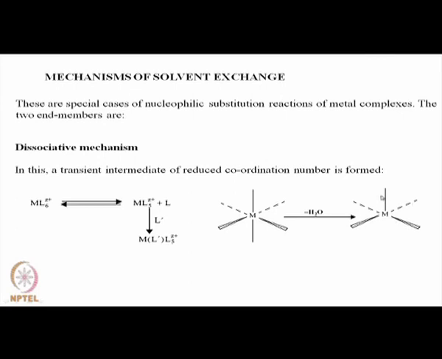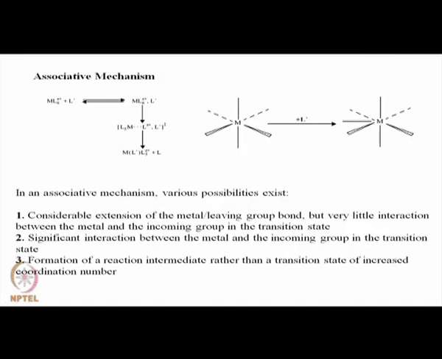The original is octahedral geometry; this is square pyramid geometry. So, it is a dissociative mechanism: this bond is dissociated, giving rise to this one. An associative mechanism is the other way.